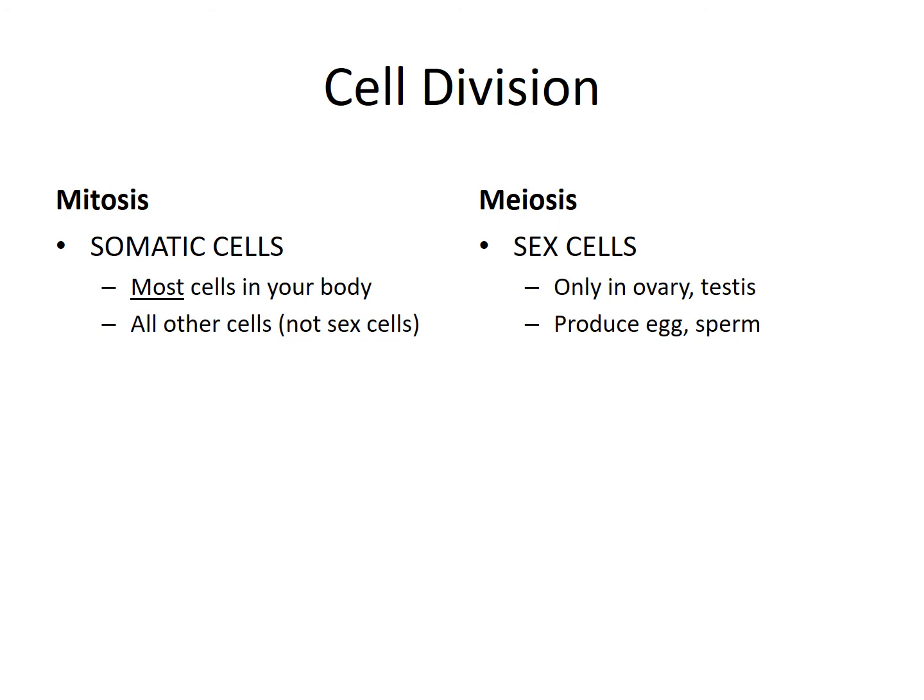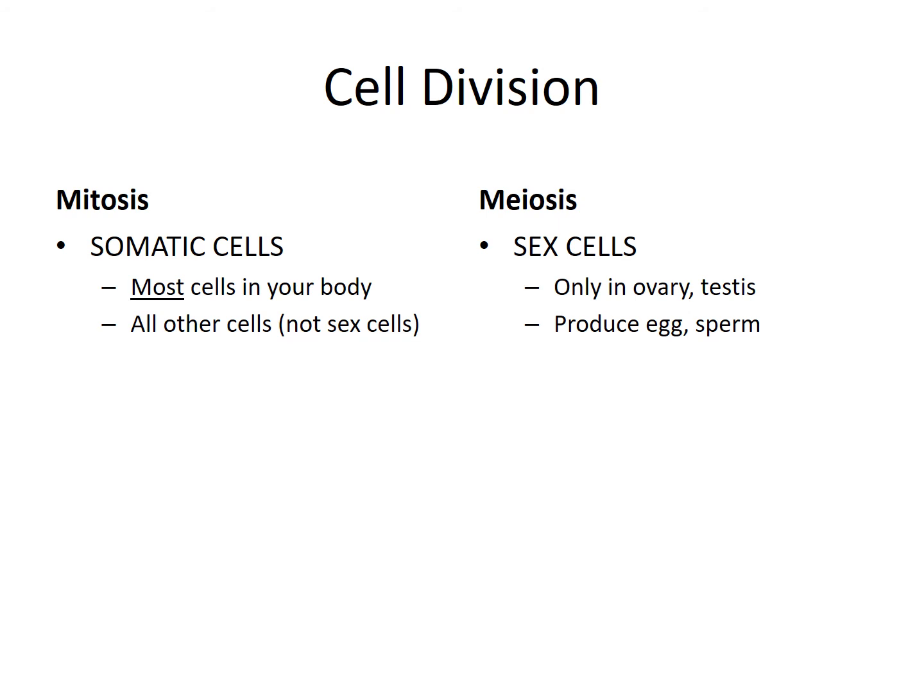This would be like in your skin cells. They're constantly sloughing off, if sloughing is a verb. You're constantly losing your hair cells, or when your hair or your fingernails grow, they're doing so by the process of mitosis.